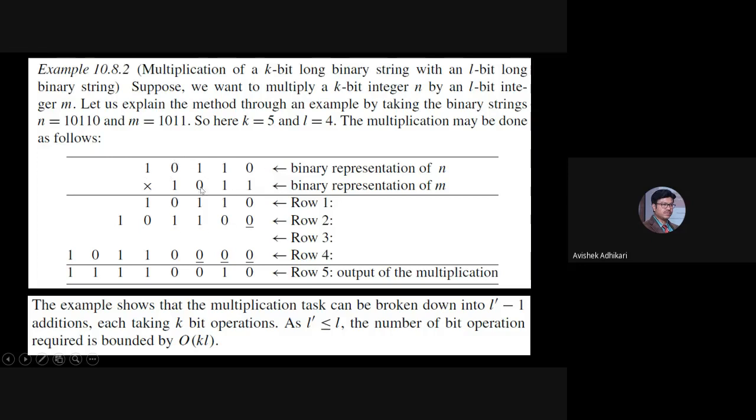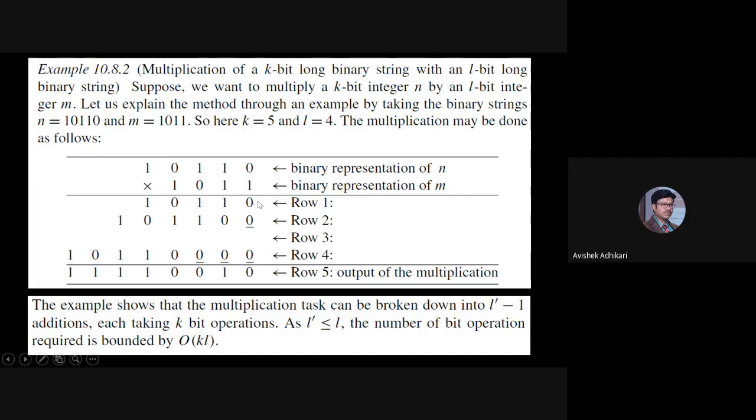If this is 0, we'll just put all zeros. If this is again 1, since 3 bits were already there, you put 3 zeros here and then make a copy of the first thing. The same thing is here. And then make an OR of this, make an add of this.